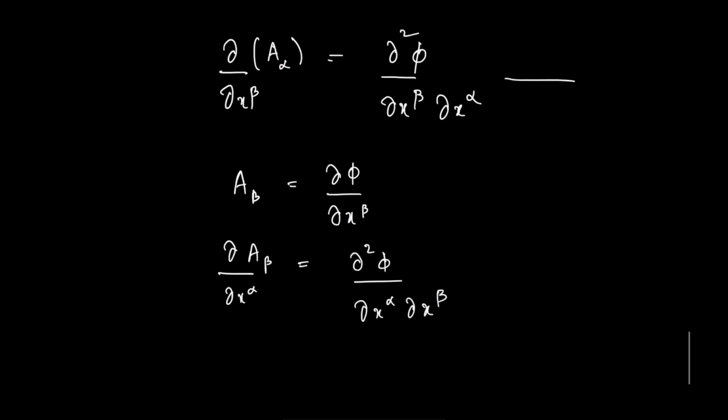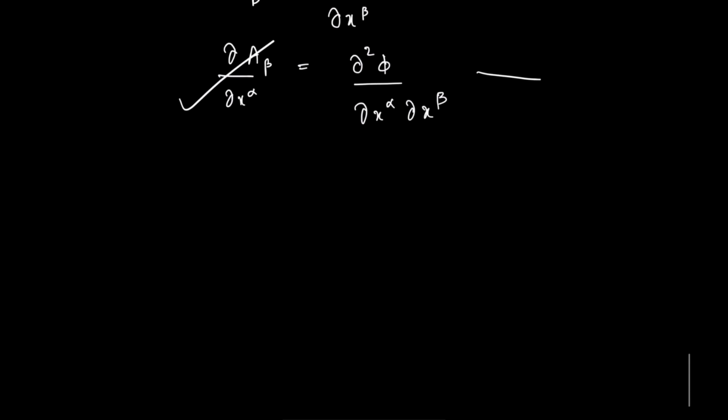Now if you see these two equations, the right hand side of these two equations are the same, right? Then I can write that the left hand side should also be the same. Then I can write partial derivative of A alpha with respect to x beta is equal to partial derivative of A beta with respect to x alpha.